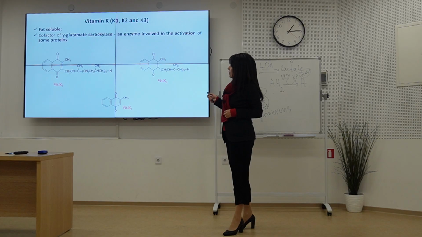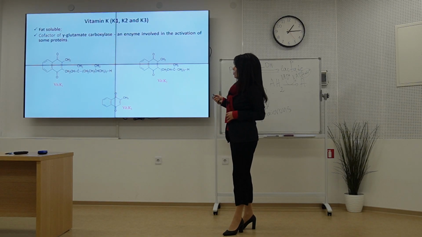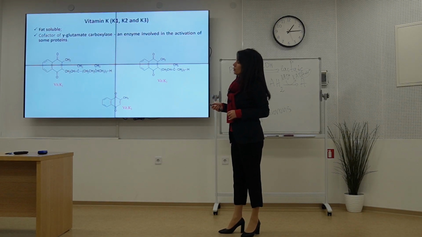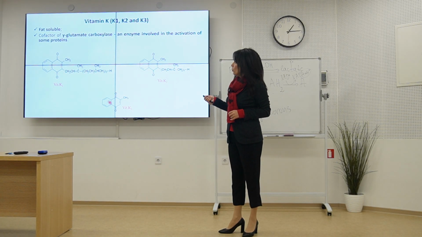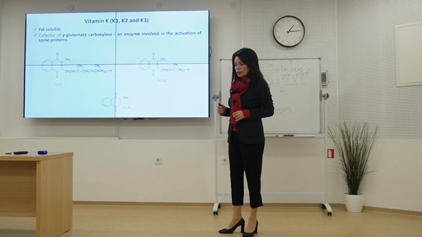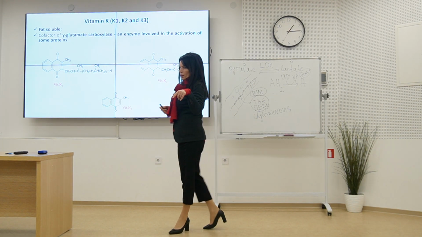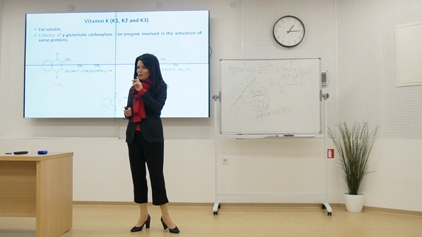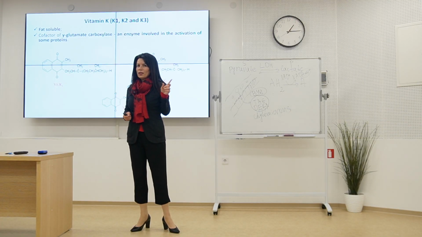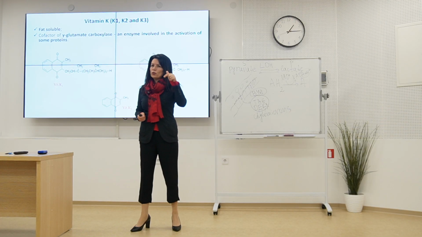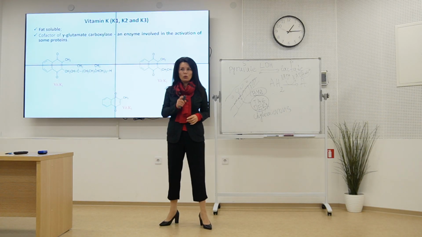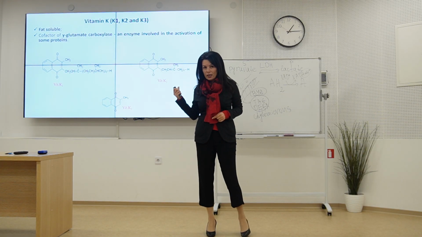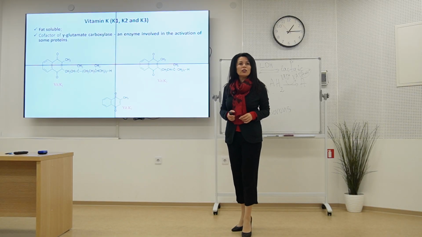It exists in 3 forms, K1, K2 and K3, and it is used as a cofactor of one enzyme which is called gamma-glutamate carboxylase. Do you remember that I said something about vitamin K today? I said something about biotin, which is a cofactor of carboxylases in lipids and carbohydrates, but in proteins it's not biotin, it is vitamin K. This is the cofactor of carboxylation in proteins.